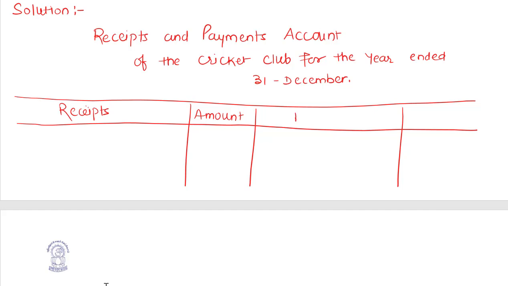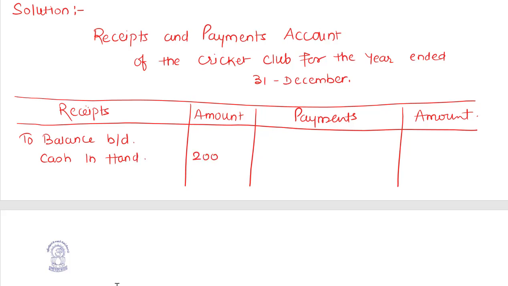Receipts amount, payments amount. We'll begin with the opening balances of cash. To balance brought down, cash in hand 2,000, cash at bank 4,000.